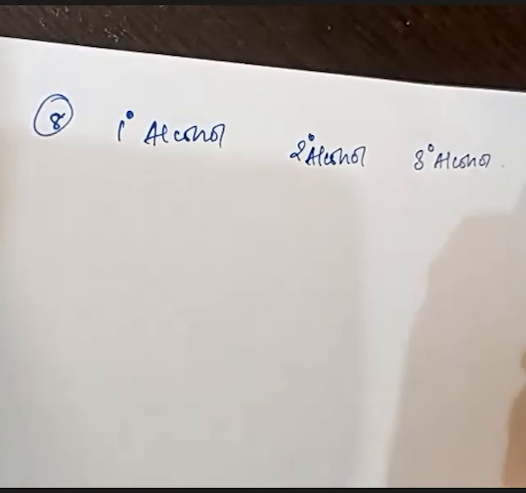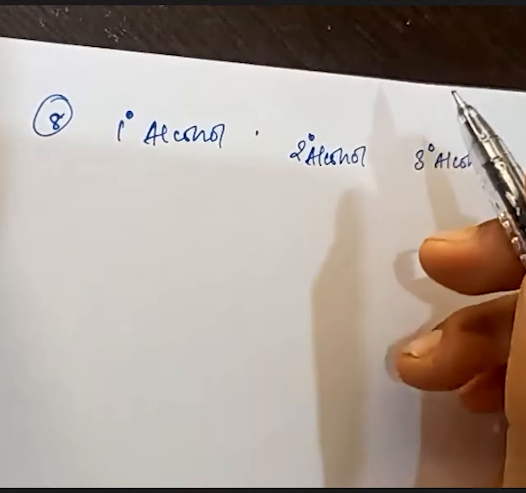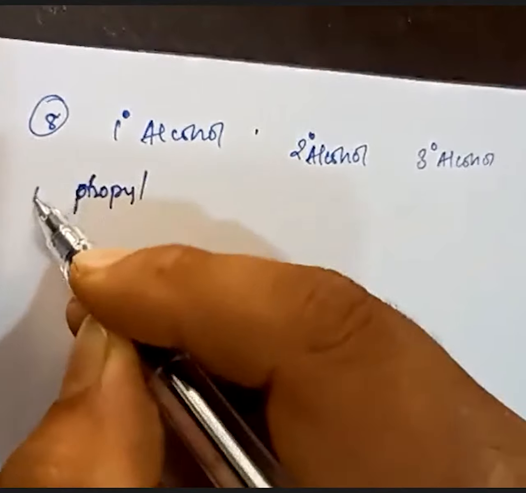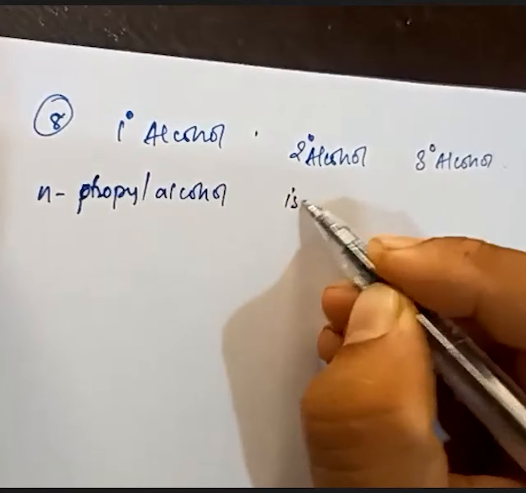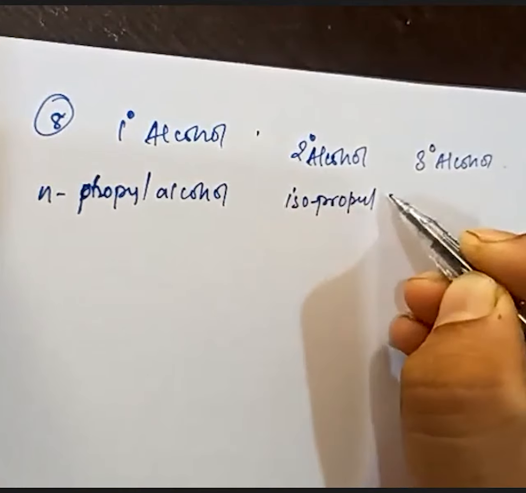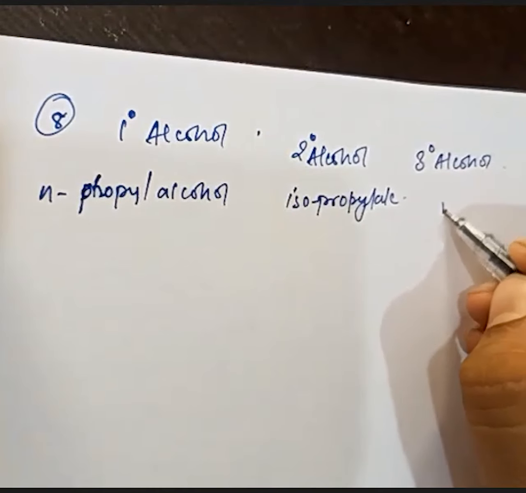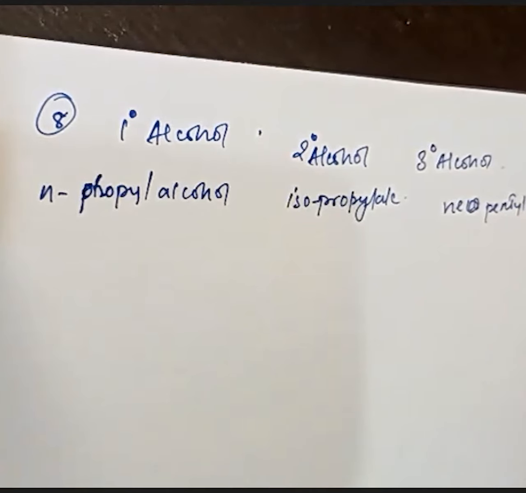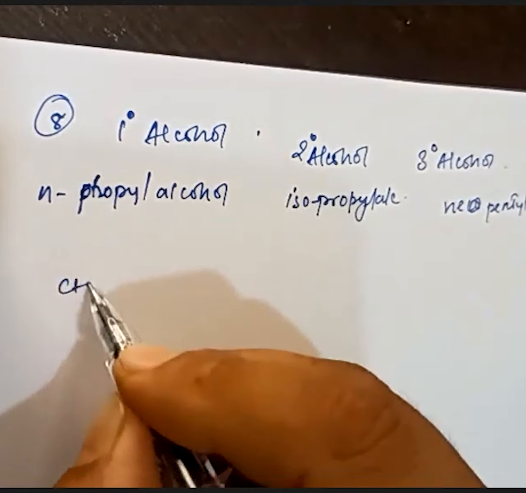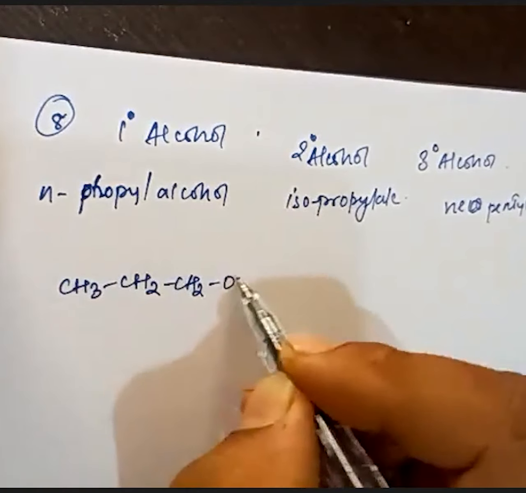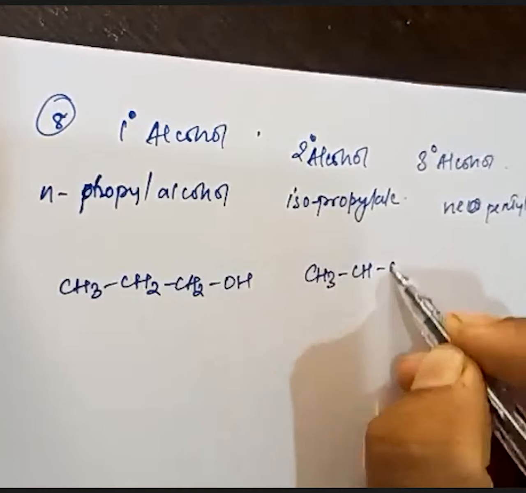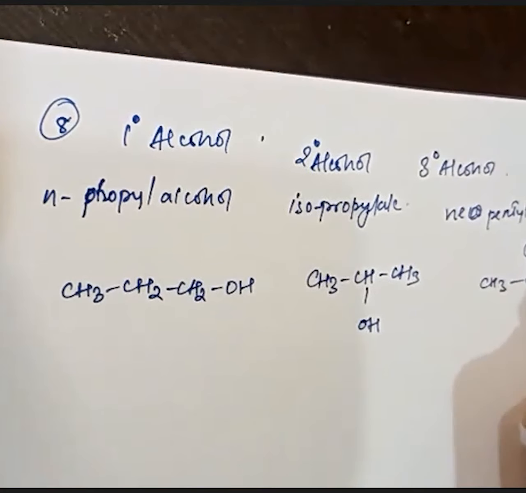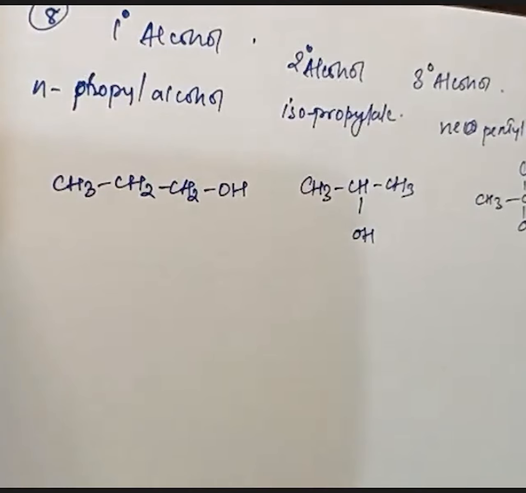It may be anything: like ethyl, n-propyl alcohol, isopropyl alcohol, and for 3 degree alcohol I can call it neopentyl alcohol. n-Propyl alcohol is CH3CH2CH2OH, isopropyl alcohol is CH3CHCH3OH, and neopentyl is CH3 C CH3 CH3 OH.